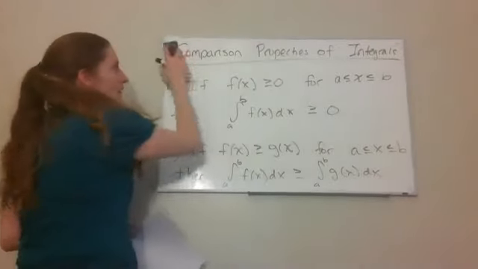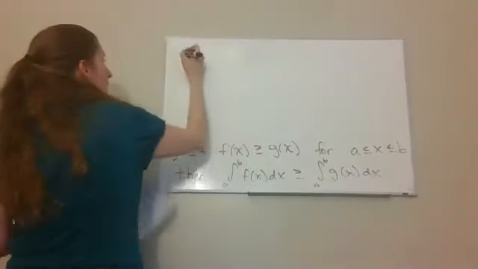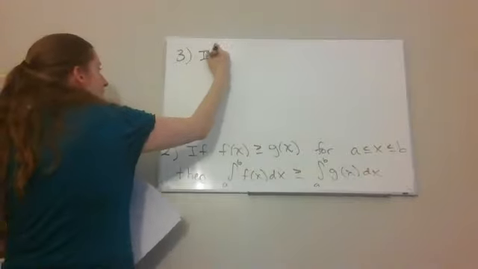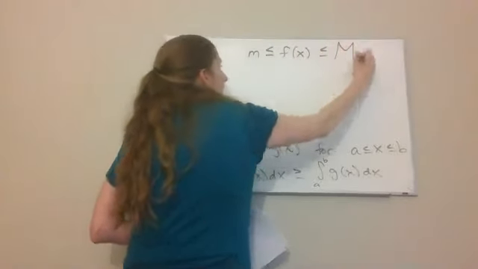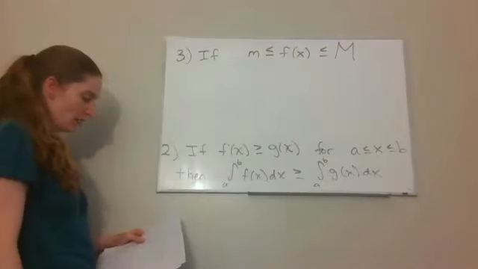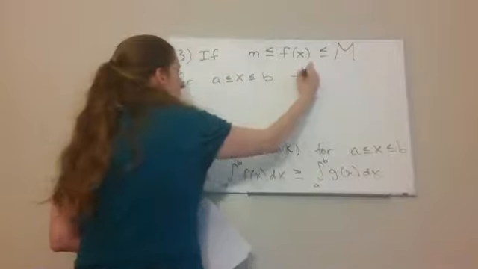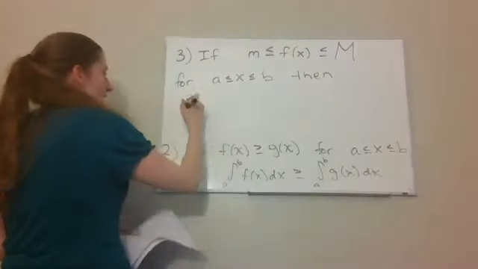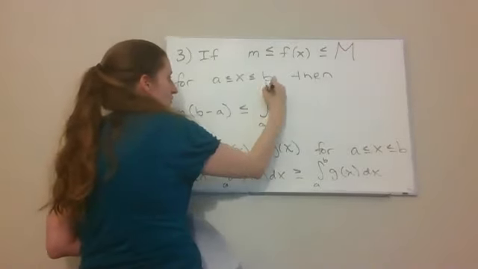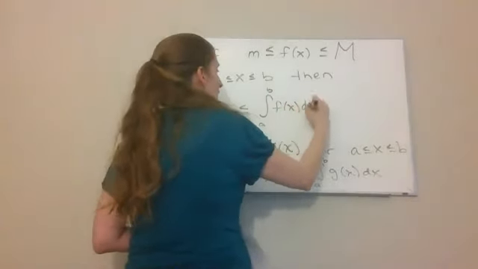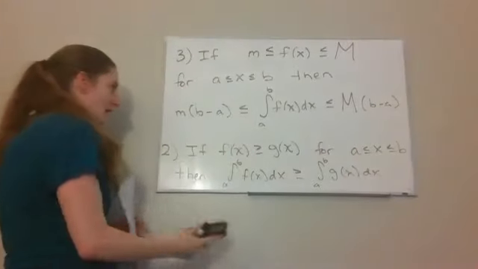And our last comparison property says that if my function is in between two values, little m and big M, for all of the x in our interval, then I know that little m times b minus a is going to be less than or equal to the definite integral of my function, which is less than or equal to big M times b minus a.